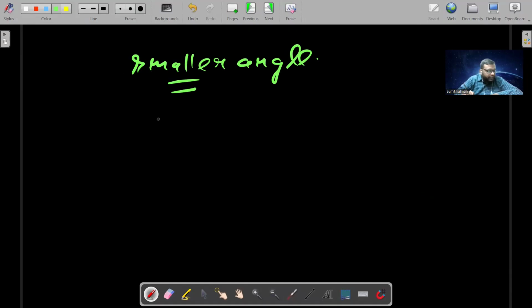And students, why do we take the smaller angle? That is angle less than 90 degree. And students, if an angle is less than 90 degree, it is an acute angle.